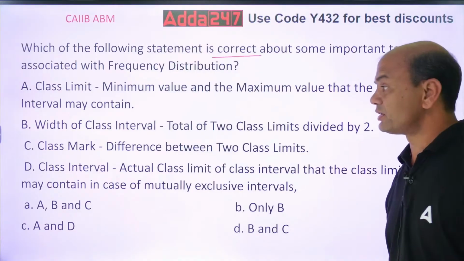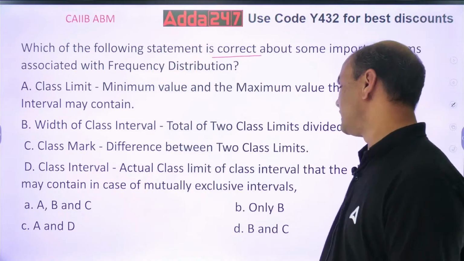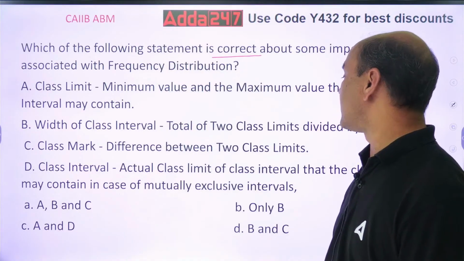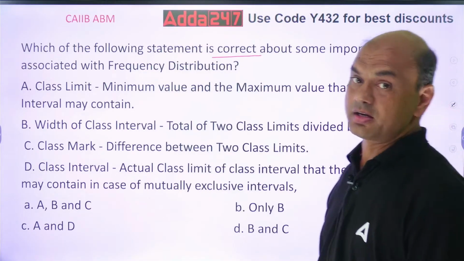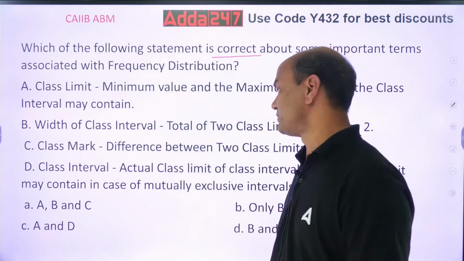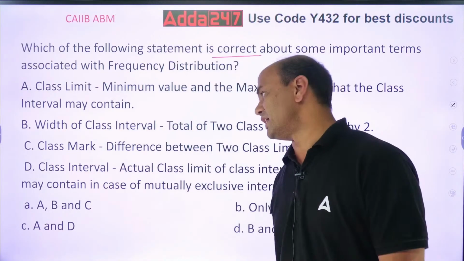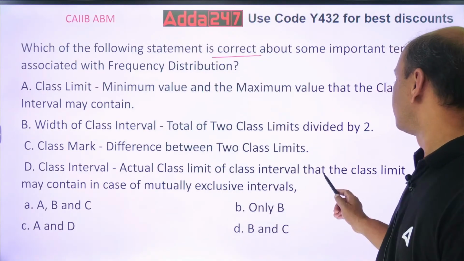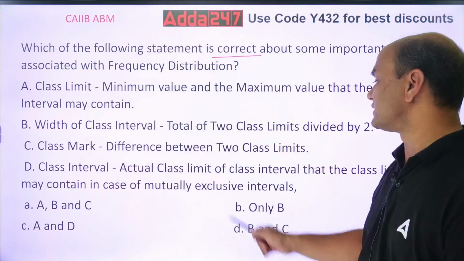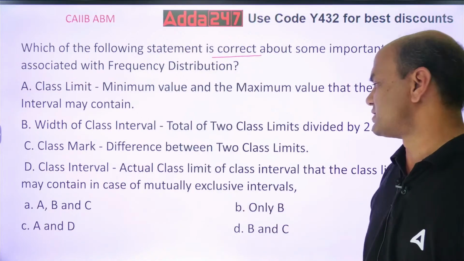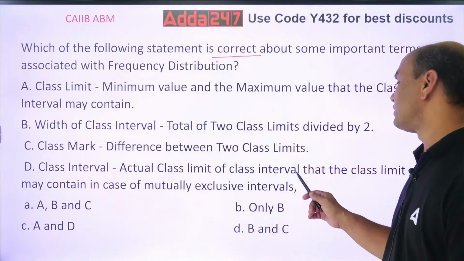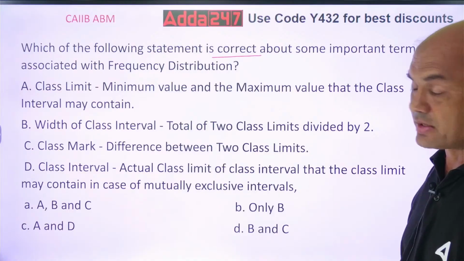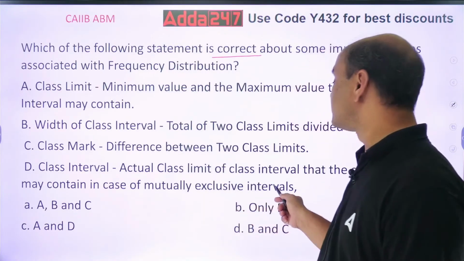Next, class mark: difference between two class limits. D, class interval: actual class limit of the class interval that the class limit may contain in case of mutually exclusive intervals.